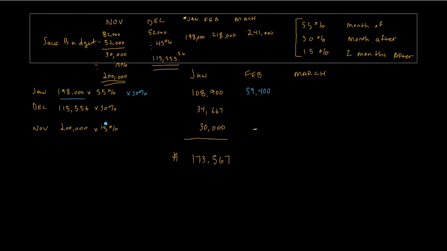Okay. In February, am I going to collect anything from December? I sure am. It's 2 months after the sale. December is 2 months away from February. So that means that I'm going to collect 15% of December sales.